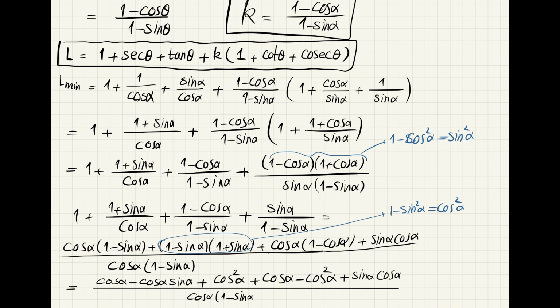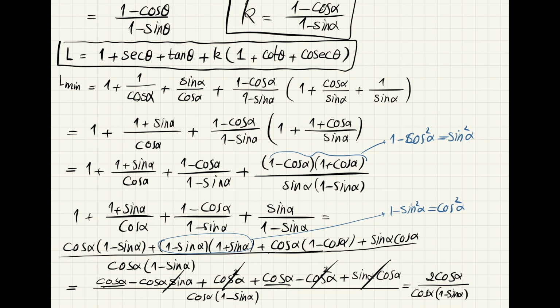Hopefully I can fit everything here. This cosine squared with negative sign and that one are cancelled. This one and that one are also cancelled. So what is left is 2 cosine alpha. I have a cosine alpha here and a cosine alpha there. So then it becomes this expression.